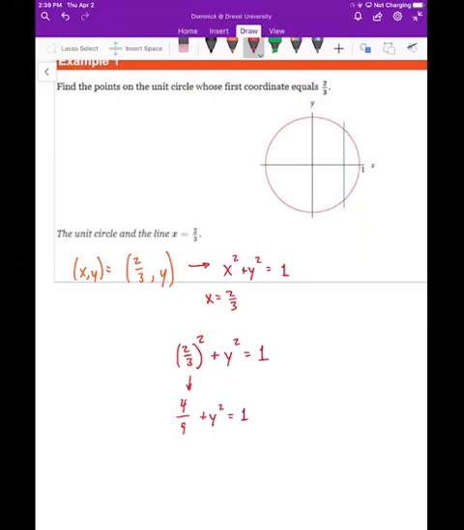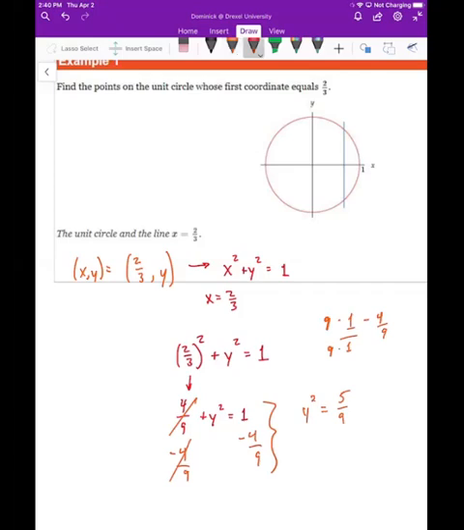To get y by itself, we'll subtract 4/9 from both sides. On the left side, they cancel, so we're just left with y squared. On the right side, I want to do 1 minus 4/9, which with a common denominator is 9/9 minus 4/9. So this will be 5/9.